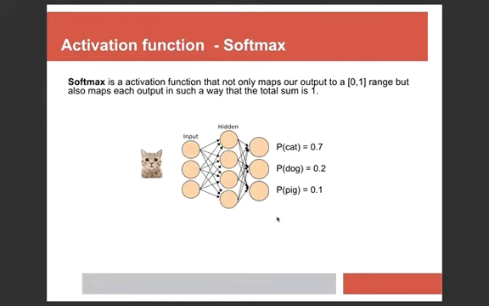Apparently, we will pick the largest probability of the outputs as the result. Therefore, we can infer the input image is a cat. This is how softmax works.